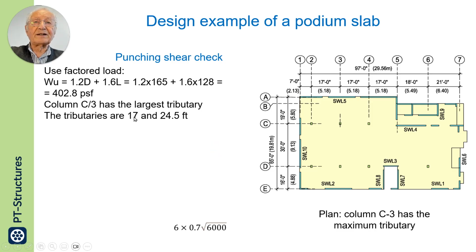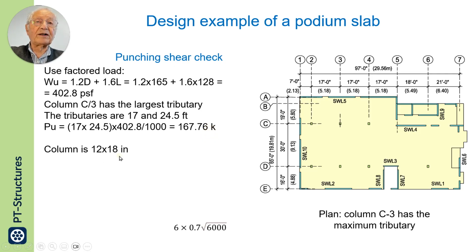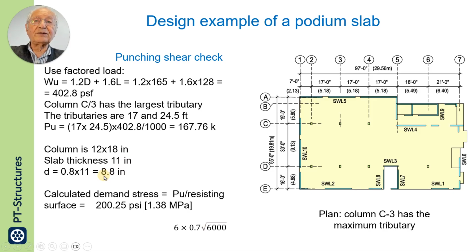The tributary is 17 by 24.5. The load on it is this much. This is the load per square foot over the area, gives me the total load. The column size is 12 by 18. Slab thickness is known. Effective depth is 8.8 inches.